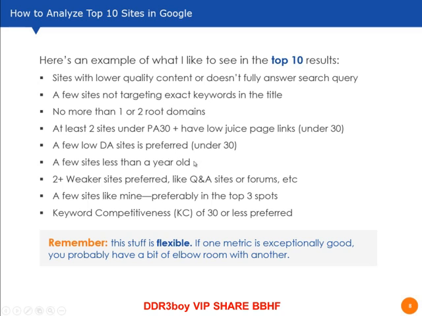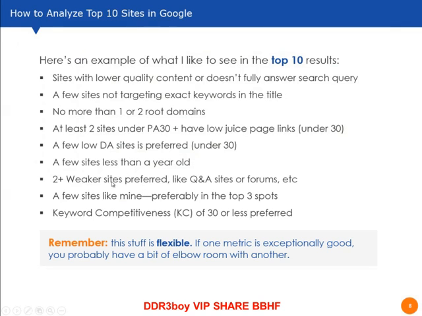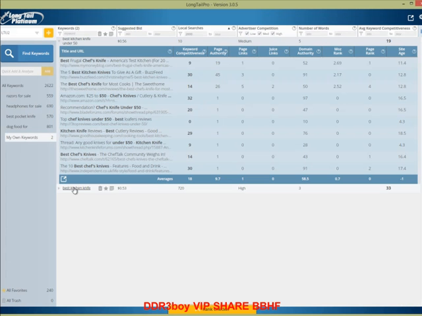I already looked at the domain authority, a few sites less than a year old. I actually don't see any in this case. However, the evidence is quite overwhelming on the other criteria that we want to look at, so that doesn't matter quite as much in this case. 2 weaker sites preferred, like question and answer sites or forums.